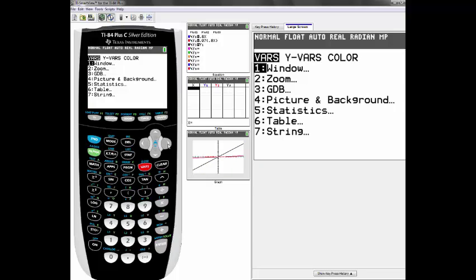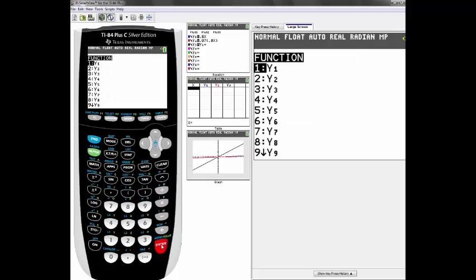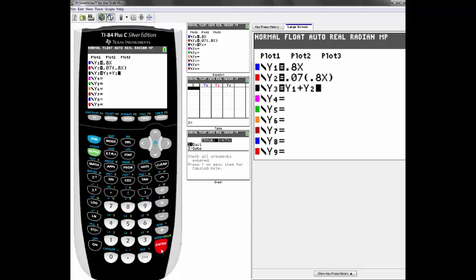So once again, we go to vars, V-A-R-S button, and then we're going to scroll over to the y vars, press the 1 for function, and then press the 2 for y sub 2. And there is our y sub 3 equation. We have all of our 3 equations in, and we are going to now go to our table.